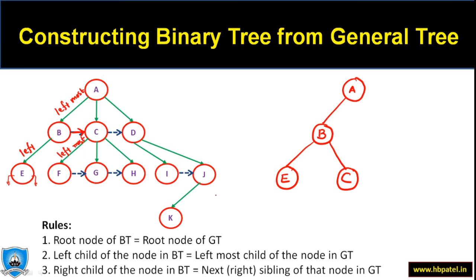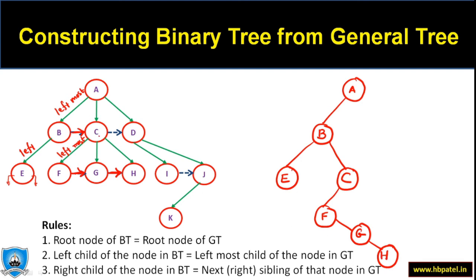F. So F will become the left child of C. Now for F, the right child will be the next sibling, which is G. So the right child of F will be G, and the right child of G will be H.